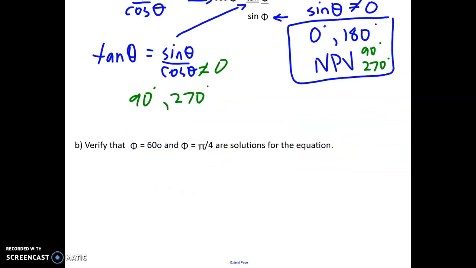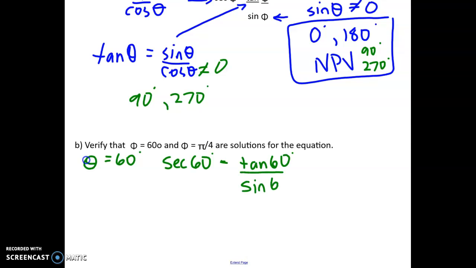Now part B says verify that theta equals 60 degrees and theta equals pi over 4 are solutions to the equation. So that means I'm going to do the 60 degrees first. If I plug in 60 into my equation, we get secant at 60 degrees equals tan at 60 degrees over sine at 60 degrees. Okay, now at this point, you figure out that these are equal by looking on your unit circle and taking the exact values.